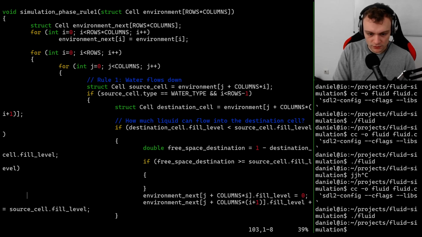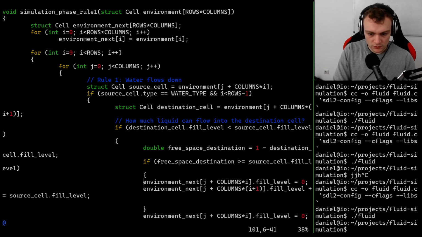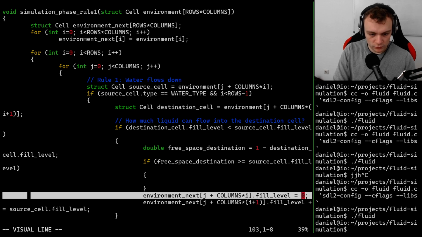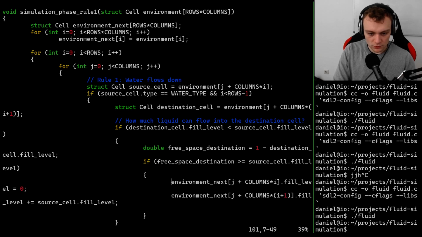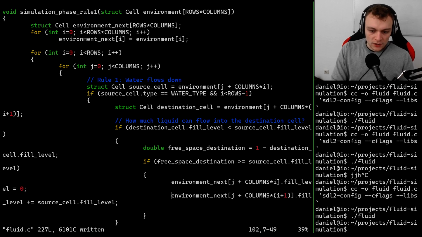So that is pretty much what we're doing here. We have a source cell, the fill level is going to be 0, and the destination cell fill level is going to increment by the source cell fill level.